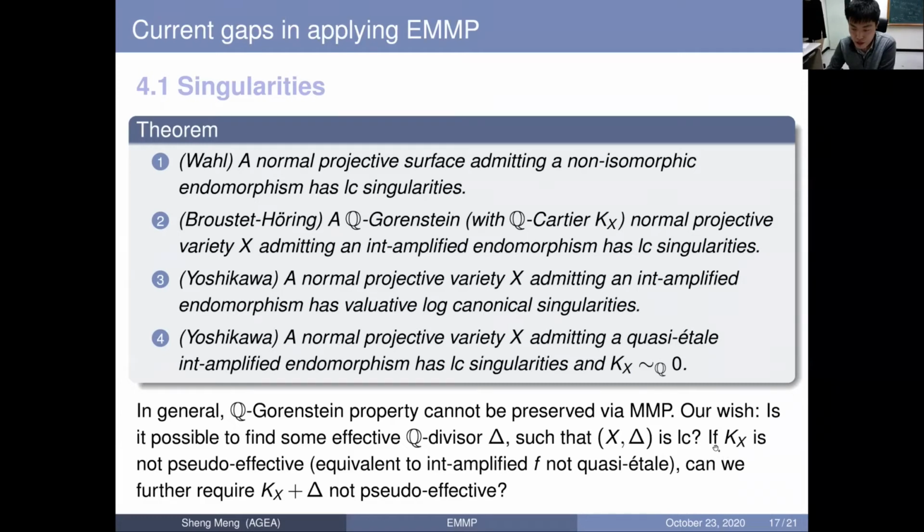So we ask whether, if the canonical divisor is not pseudo-effective, we can choose delta as small as possible such that it is still not pseudo-effective, so that we can run the log MMP. So far, this kind of log MMP is still not well established. So this remains a very difficult problem.